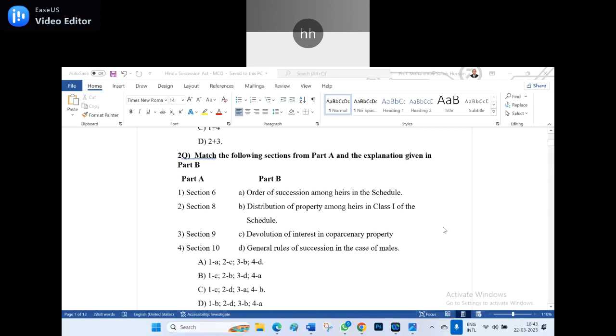And the options go in this manner: A, 1A, 2C, 3B, 4D; B, 1C, 2B, 3D, 4A; C, 1C, 2D, 3A, 4B; D, 1B, 2D, 3B, 4A. Now shoot in the match the following. Which option is the correct option among A, B, C, D for the second question?